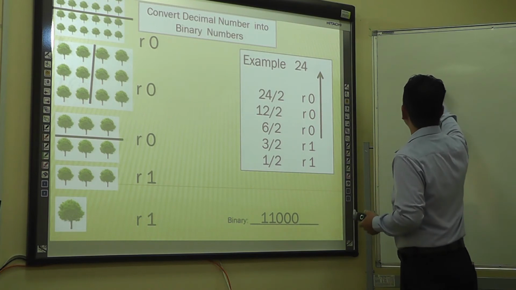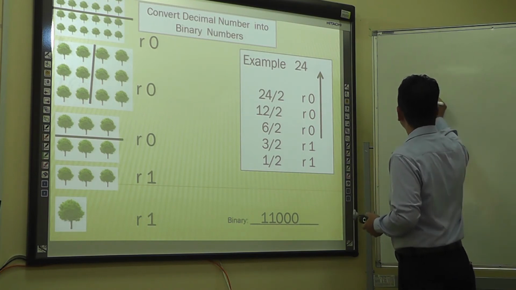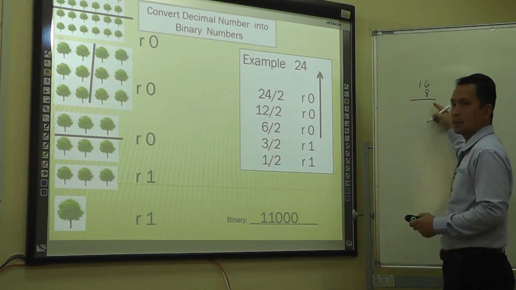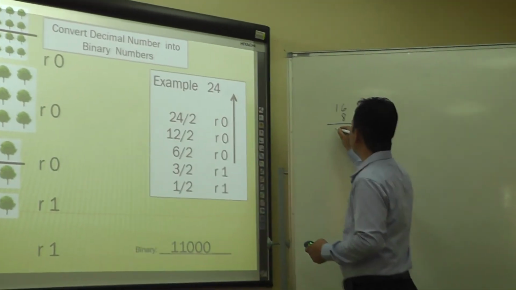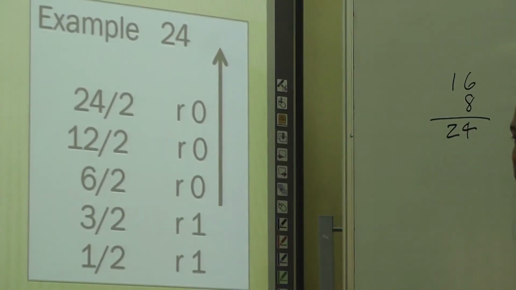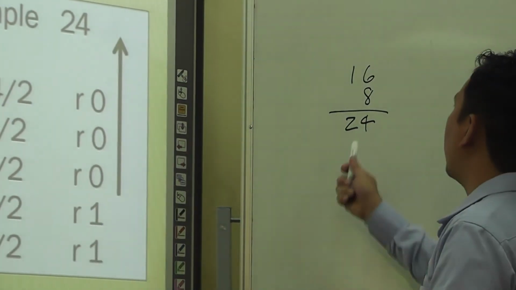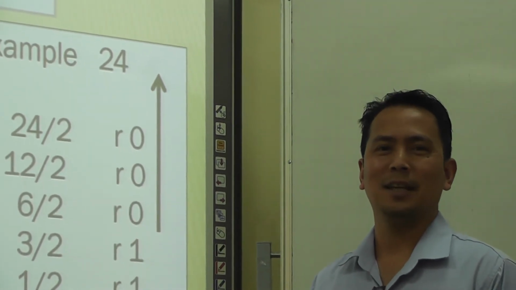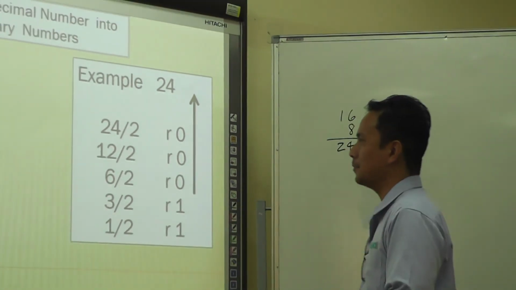So, how much is 16? Then the other one is 8. So now, how much is this? This is equivalent to 24. So that means they have the same answers. That means it's correct. Okay?